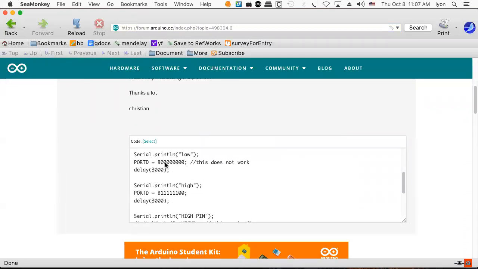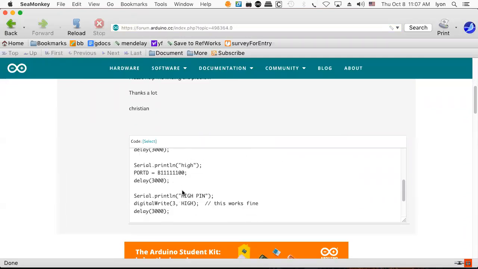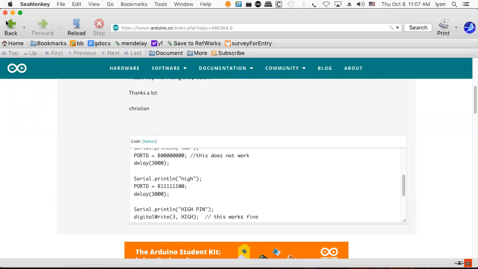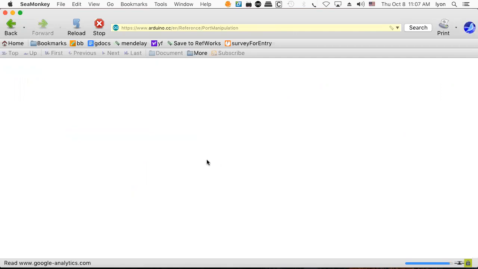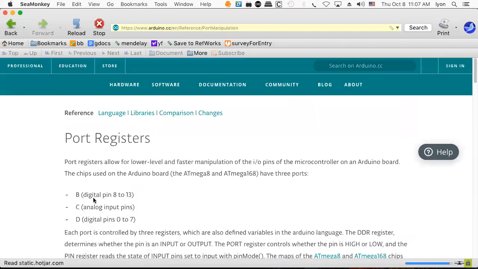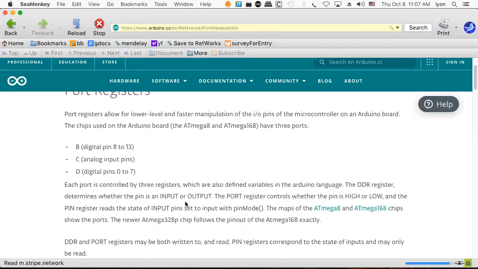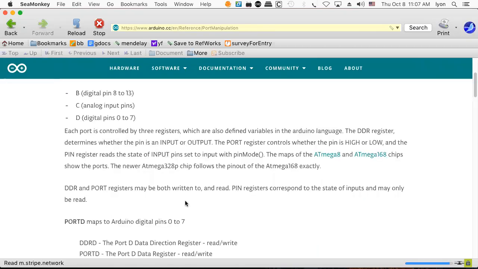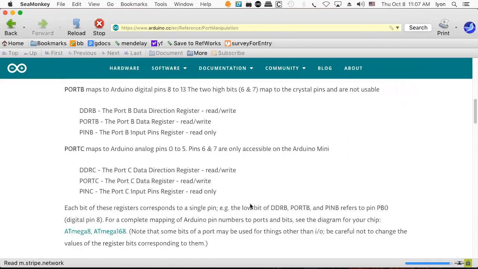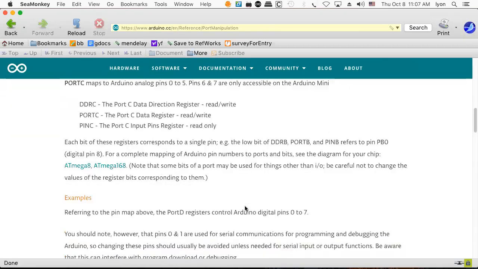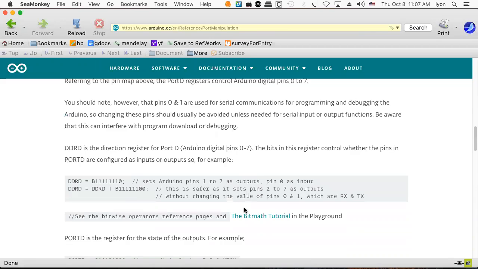And here's an example of somebody doing just what we were doing here. Let's go back to this other reference. I think the reference is what you want. And so here he tells you port B is pins 8 through 13, port C is the analog pins, port D is 0 through 7, and you have to set your data direction register, and then he gives you an example right over in here.